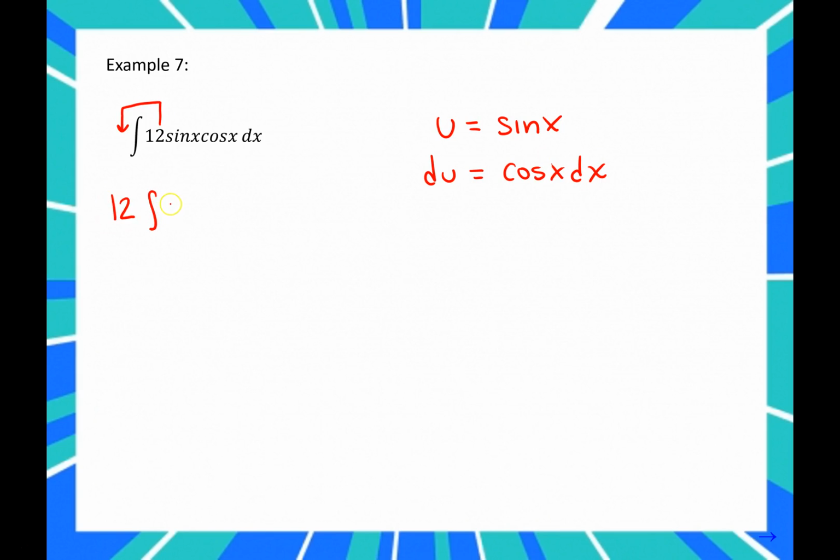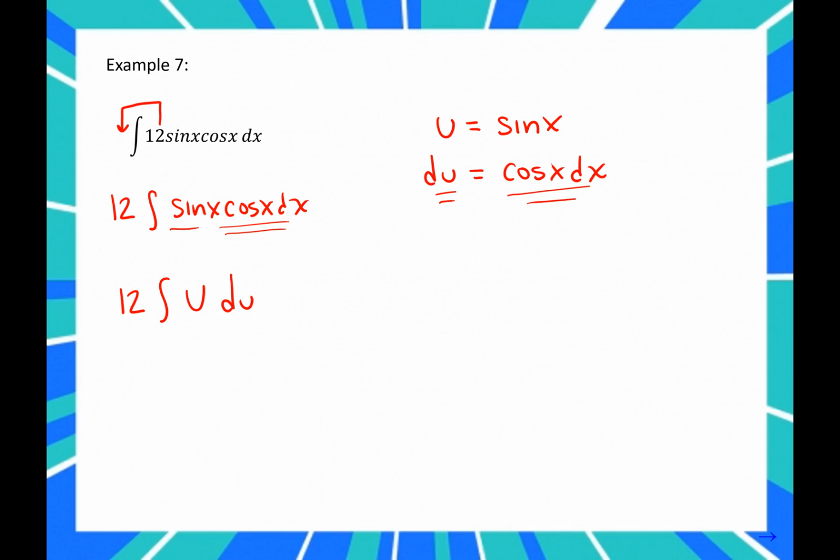So I'm going to rewrite this as 12 on the outside, sine x cosine x dx. And I have a perfect match here. And I also have a perfect match with the sine x. So I'm going to have 12 integral of u, because u and sine x are the same. And then the cosine x dx becomes du.